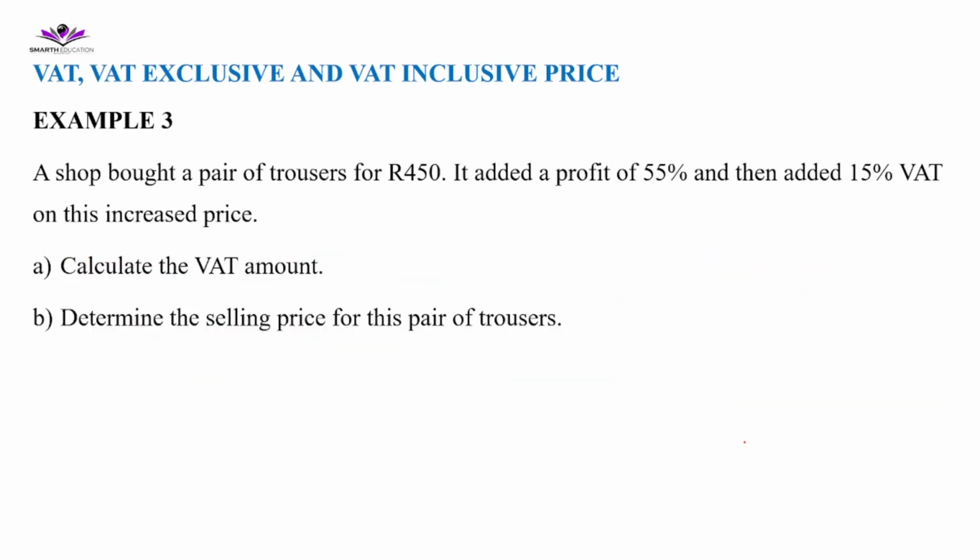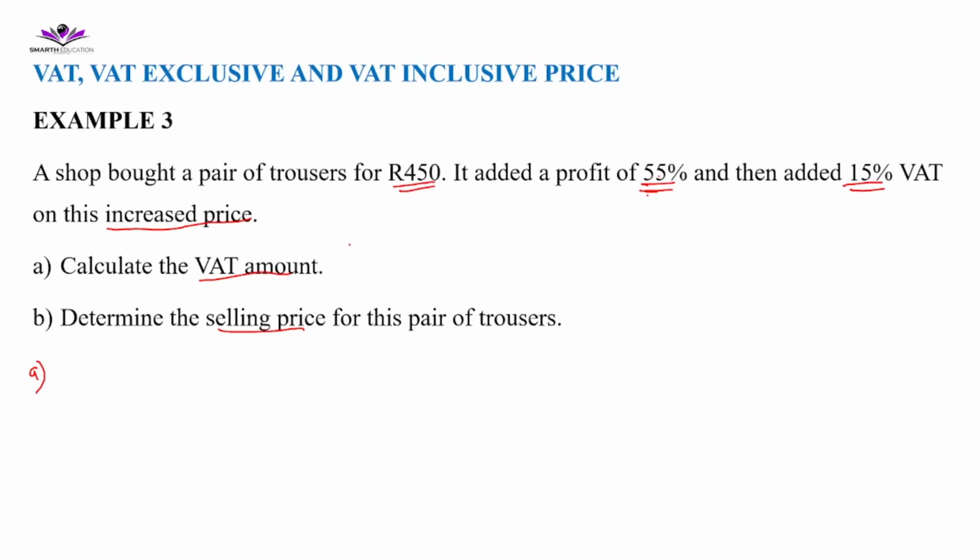Right, let's do example 3. A shop bought a pair of trousers for 450 rands. It added a profit of 55% and then added 15% VAT on this increased price. Calculate the VAT amount, and then after that, determine the selling price for this pair of trousers. So now we need to add the profit first. So how do we add the profit?